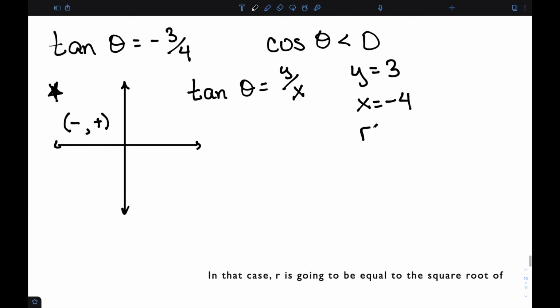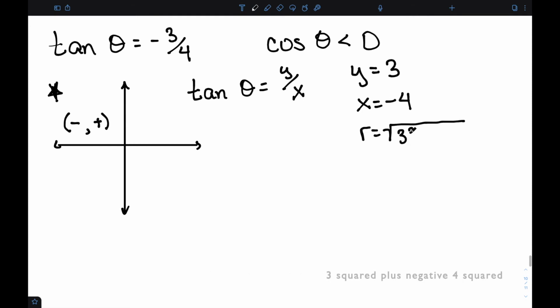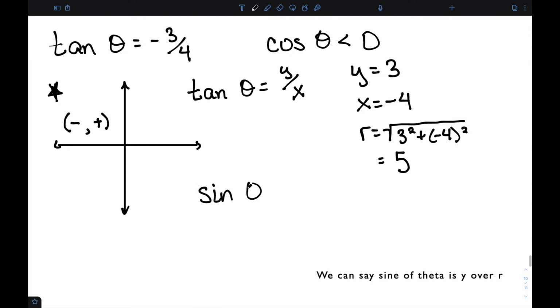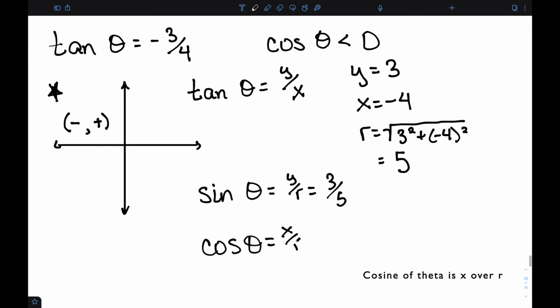In that case, r is going to be equal to the square root of 3 squared plus -4 squared, which if you simplify, you get 5. So we can say sine of theta is y/r, or 3/5. Cosine of theta is x/r, or -4/5.